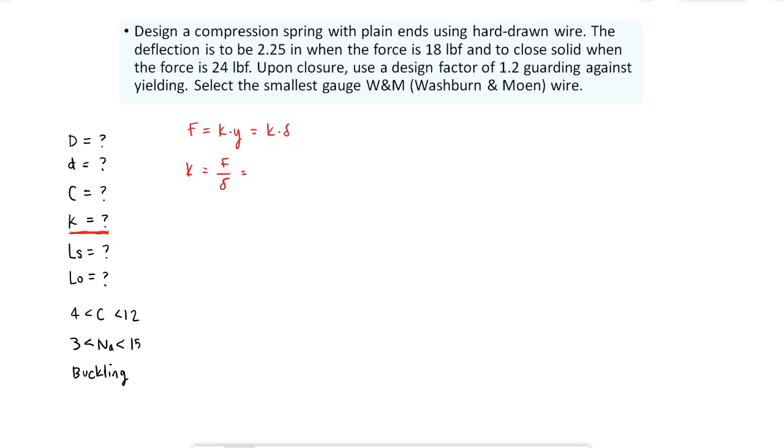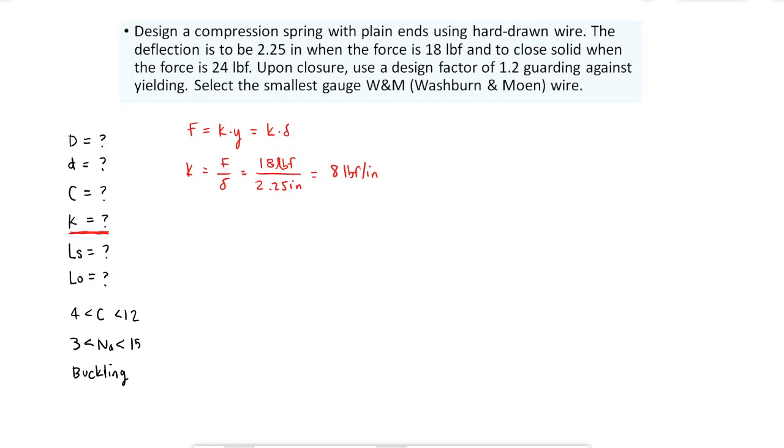The force is 18 pounds when the deflection is 2.25 inches. This would be 18 divided by 2.25, which is 8 pounds per inch. So I already have that, and it's not going to change regardless of my decisions as the designer of the spring. So that's pretty fixed.